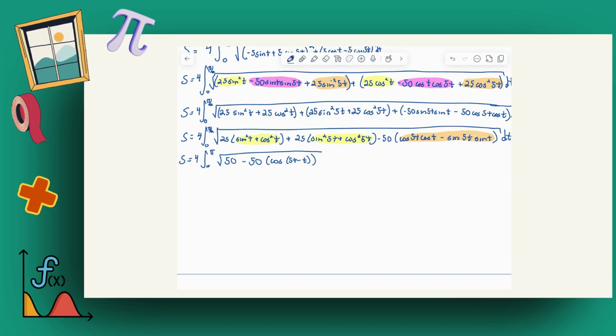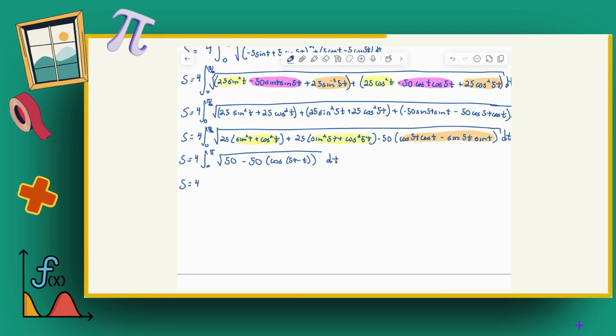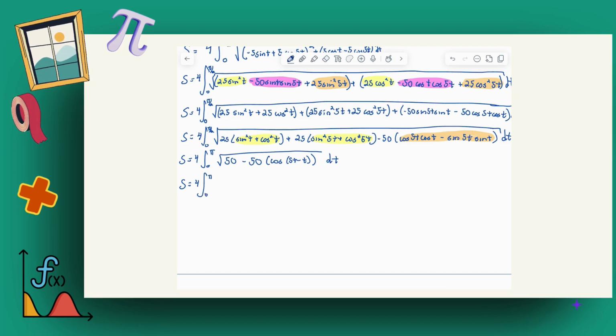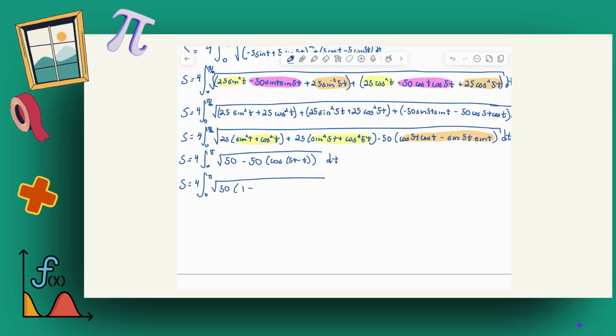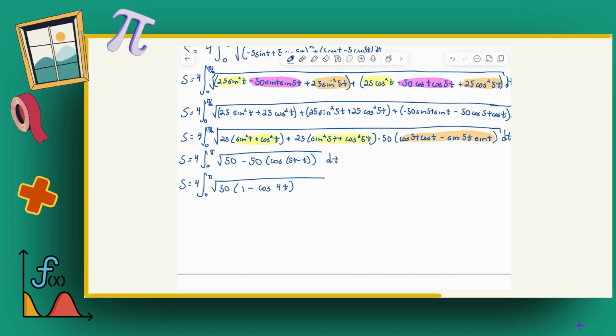All right, and next simplifying down, still working underneath the radical, I can factor out the GCF of those two terms of 50. And so I have the square root of 50 times 1 minus cosine of 4t dt.